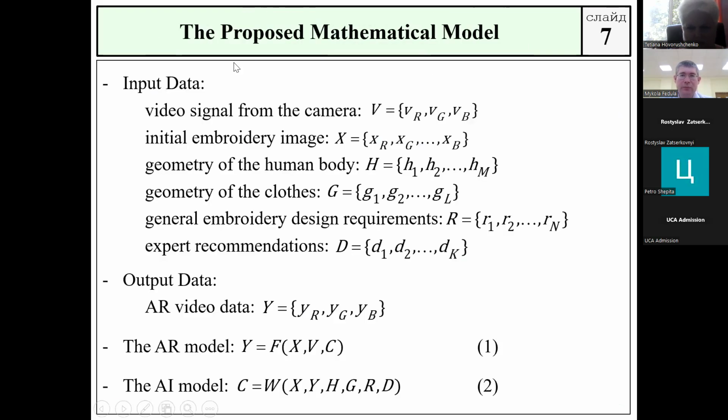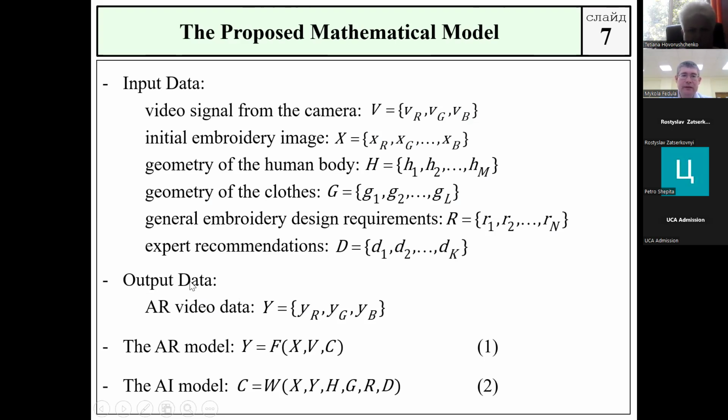The proposed mathematical model of data processing is next. The input data are the following arrays: video signal from the camera, RGB, initial embroidery image, geometry of the human body, geometry of clothes, general geometry design requirements, and expert recommendations, which can be presented in text form.